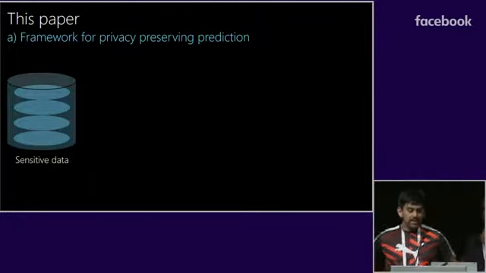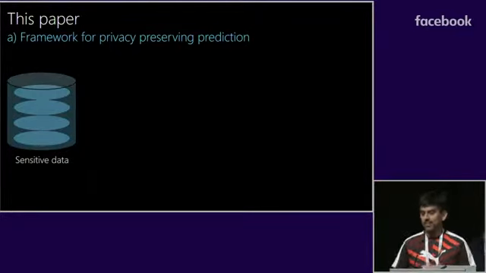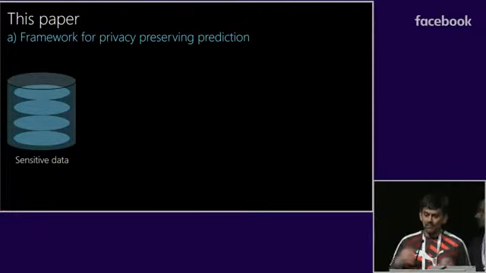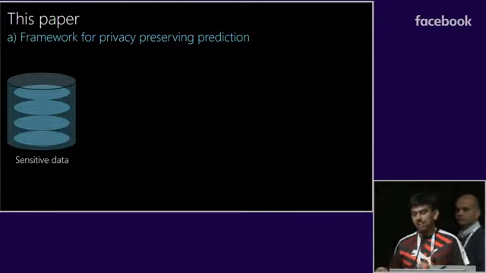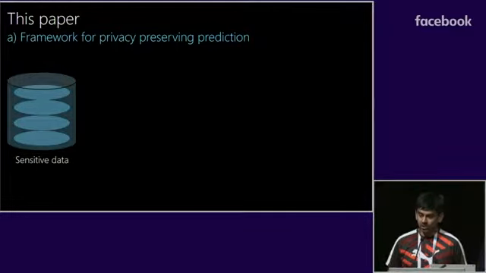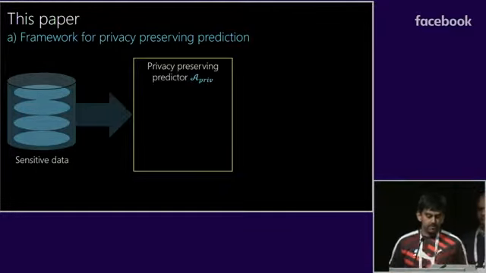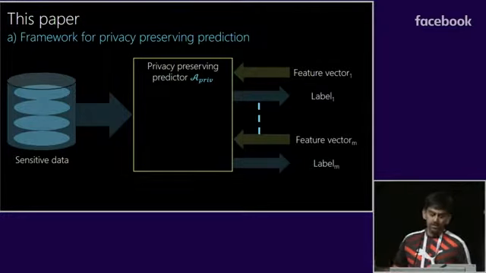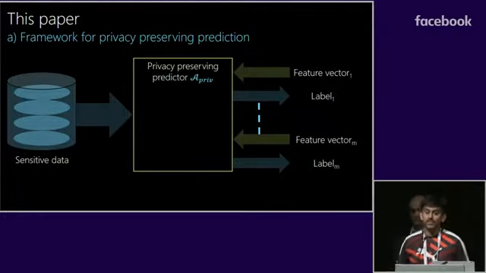The idea is, suppose you are given a sensitive training data set. This data set may have information like some haptic feedback from your phone and a bit telling whether you have Parkinson's disease or not. And there is this framework, the privacy-preserving predictor, APRIV, whose objective is very simple. Given a feature vector, it should provide the label or classify those feature vectors.